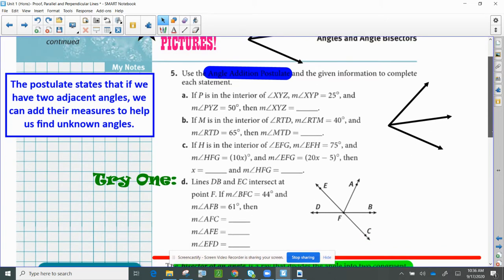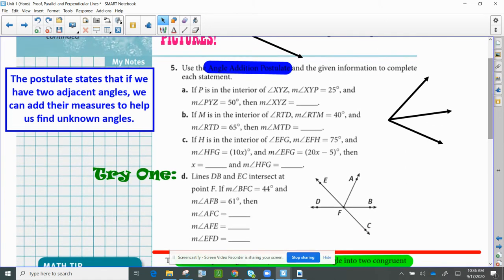So I already have these set up, so I'm going to go ahead and do A. It says P is in the interior of angle XYZ. So let's label this angle X. Remember, anytime the letter is in the middle, that's going to be your vertex point, if you remember that from activity 1. So here's our angle XYZ, and they're saying P is in the interior, meaning P is going to be part of this ray right here in the middle.